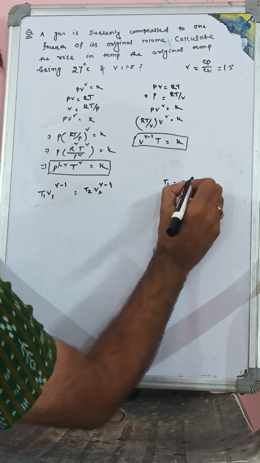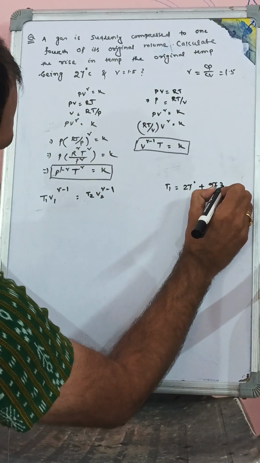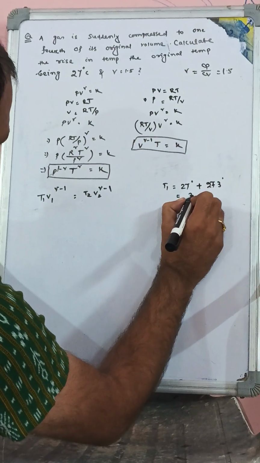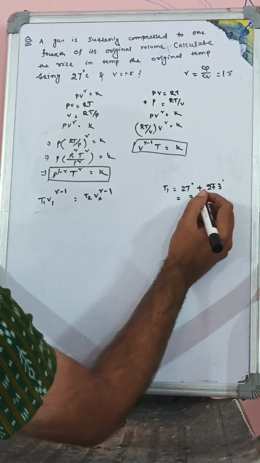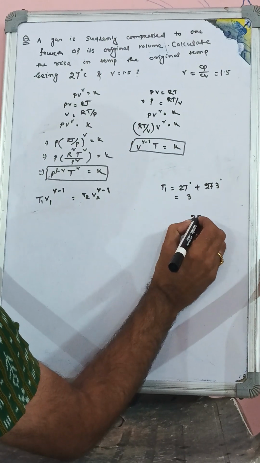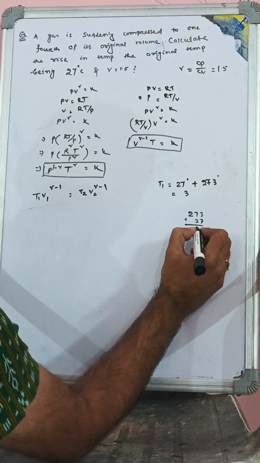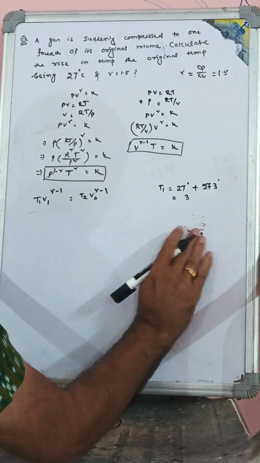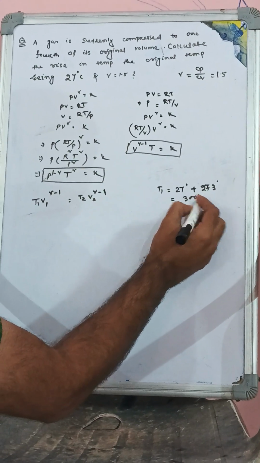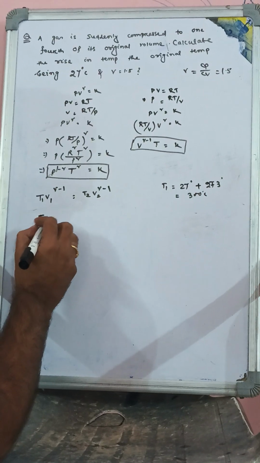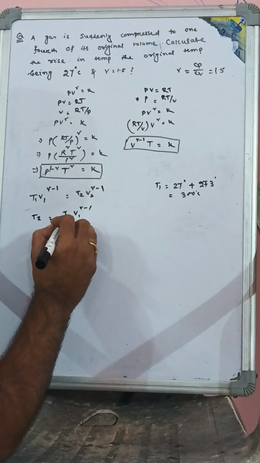We convert the degrees Celsius into Kelvin, so we add 273 to 27 degrees, which gives 300 Kelvin. Then T2 is equal to T1 V1 to the power gamma minus 1 divided by V2 to the power gamma minus 1.